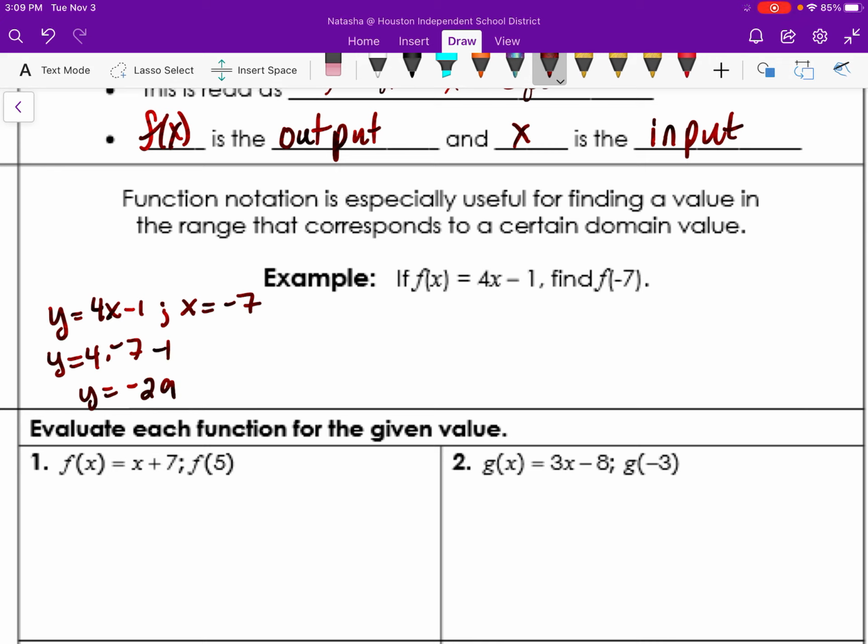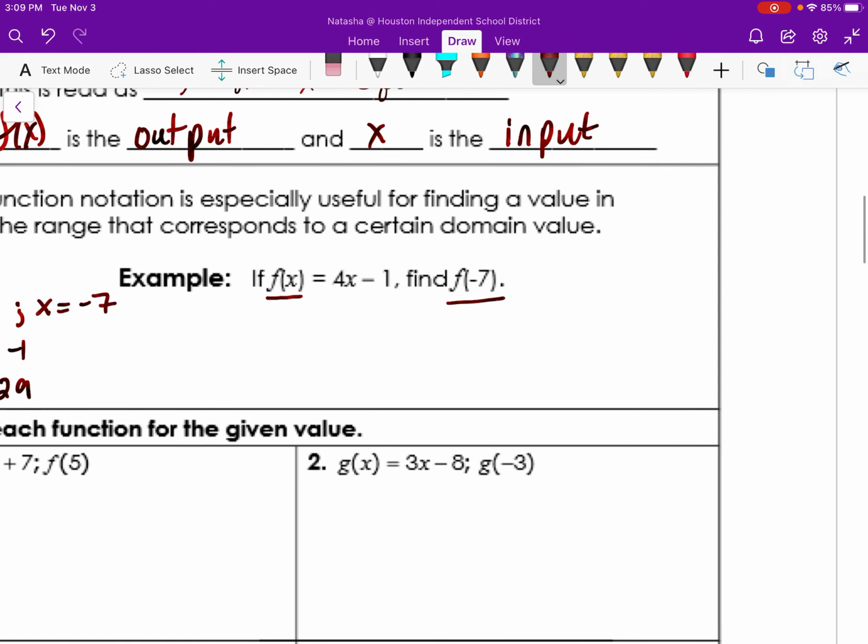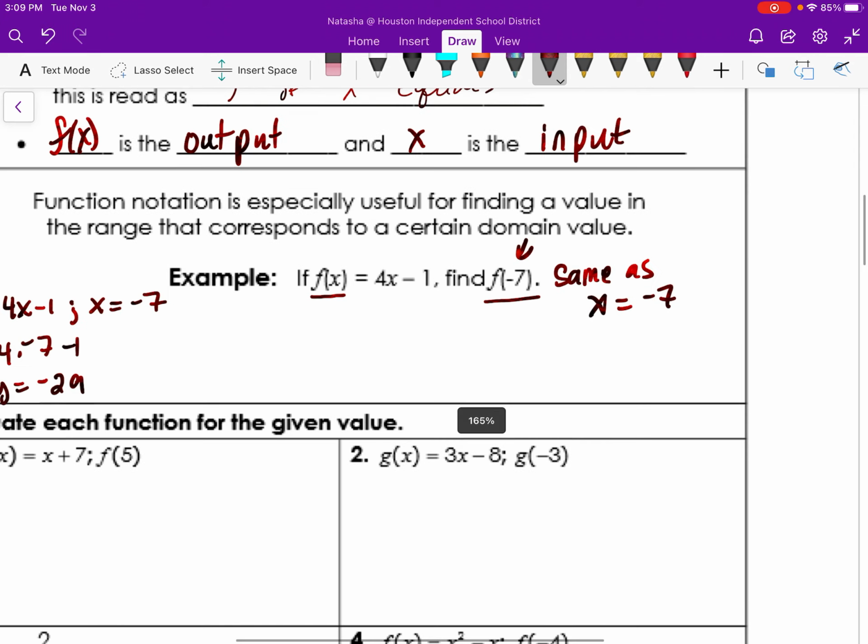So we know how to do that. That's fine. We've used this method. But I'm going to use the method using function notation. The only difference is instead of the y, I'm putting f of x, and then instead of saying f x equals, I'm saying f of negative 7. When I say f of negative 7, I'm saying the x is equal to negative 7. That's telling me that that's my input.